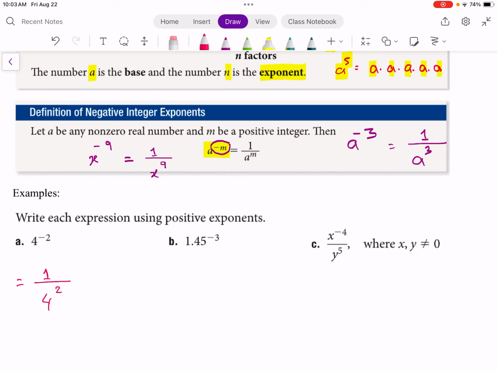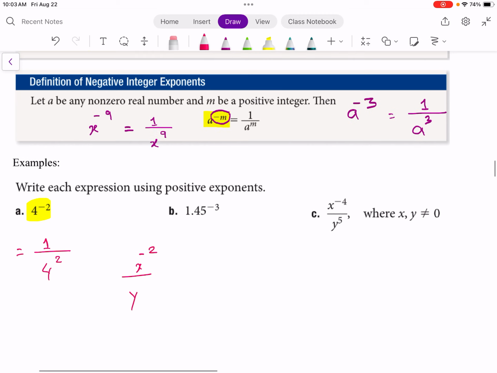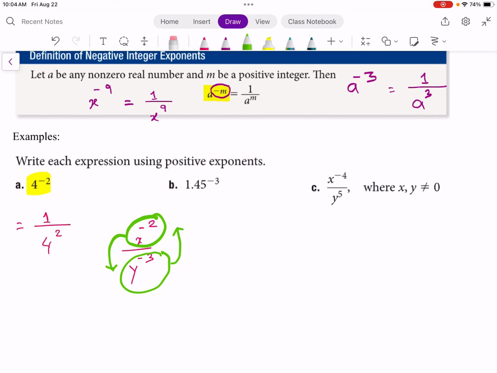The other way to look at it is that if you have a negative power in the numerator, then you just switch the numerator and denominator. For example, if we have x to the power negative 2 divided by y to the power negative 3, you switch numerator to denominator and denominator to numerator, and the power also goes from negative to positive.